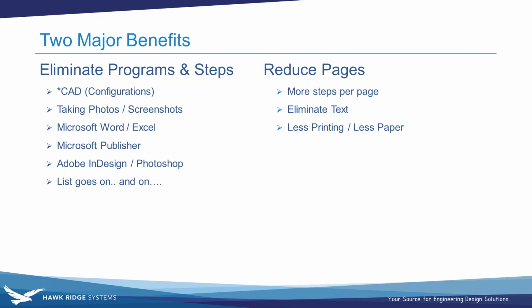I assume that a lot of you probably know what I mean by that, but some of you might not. So let me do a quick recap of the current process that we're seeing in a lot of companies. The typical process for companies not using Composer is that the design is done in SOLIDWORKS or another CAD application.